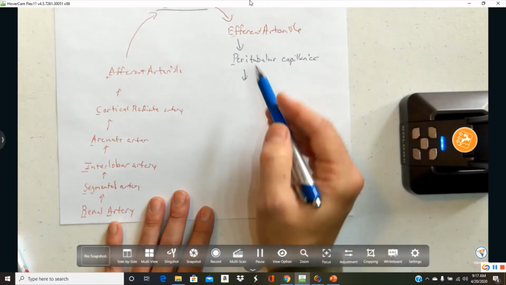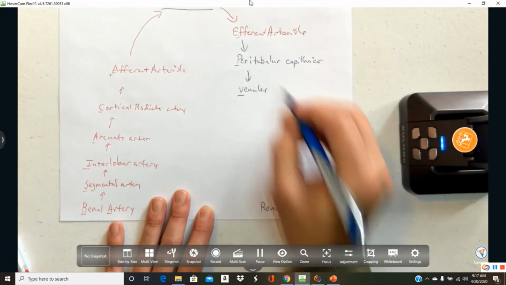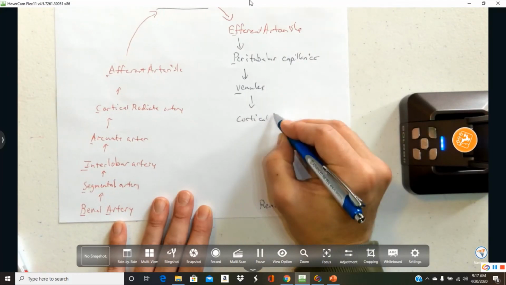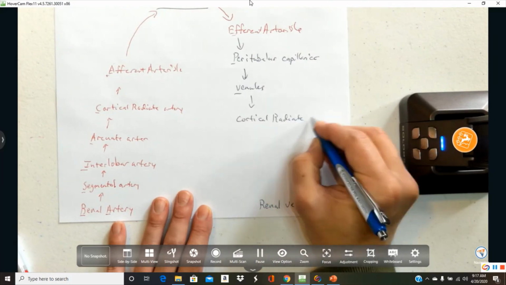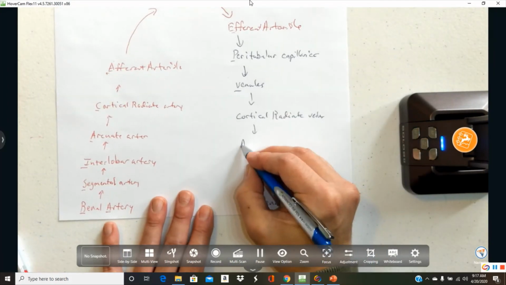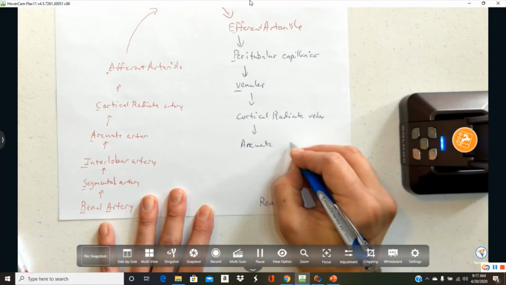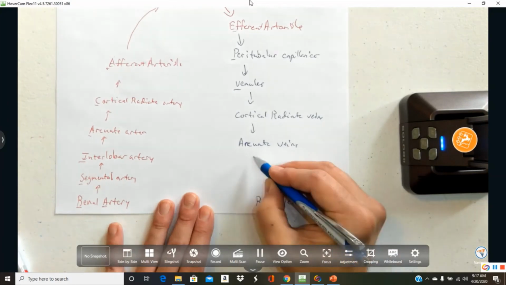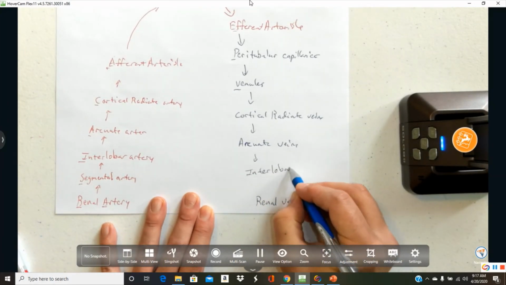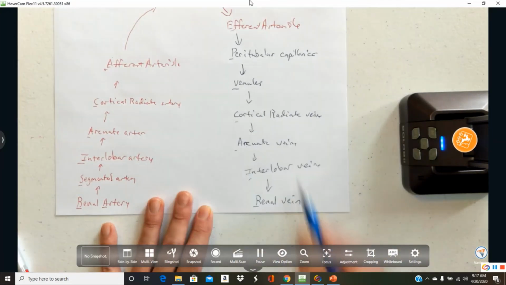P, play. Very, venules, very cool. Cortical radiate veins, very cool animations. Arcuate veins, in interlobar veins, reality, renal veins.